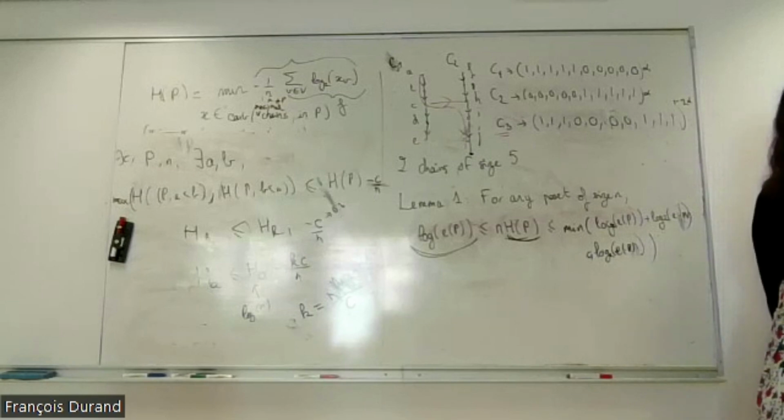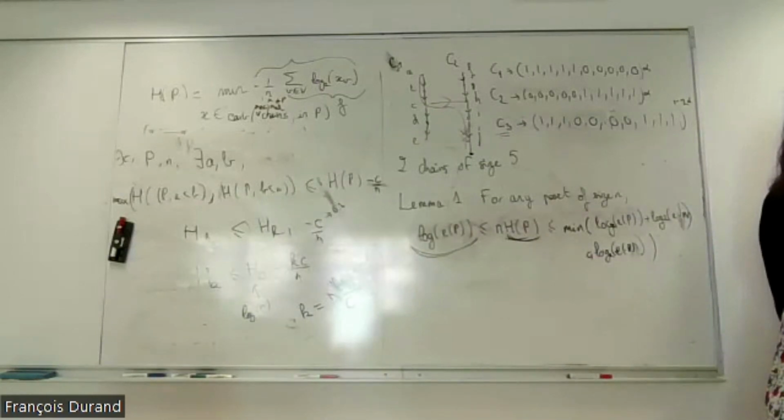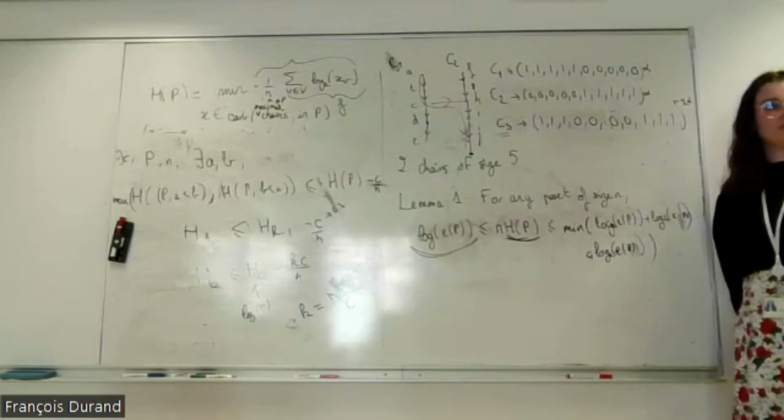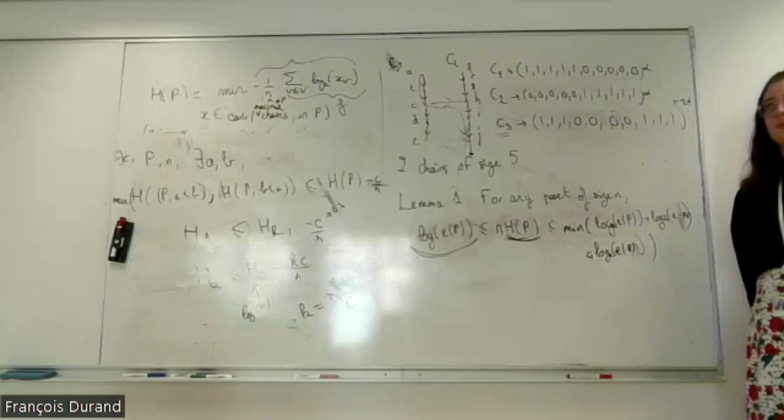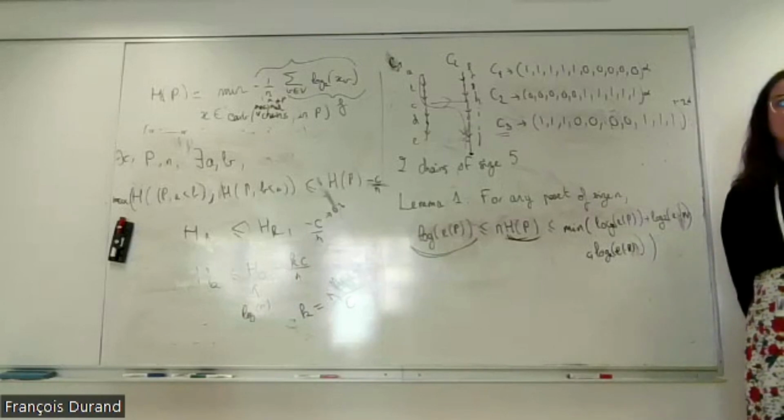If you see it in terms of symbols, it means that in some sense these two cannot be confused anymore. It's better in terms of information. You cannot confuse them anymore. You have the information that is needed to distinguish them.